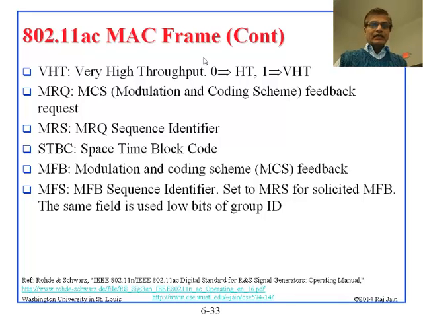STBC is the space-time block code I'm using. MFB is the feedback, and MFS is the feedback sequence number. So this is the answer number. That was a question number. MRS is your question number. MFS is the answer number, which generally should be the same as the question number, but the question and the answer can overlap, right?